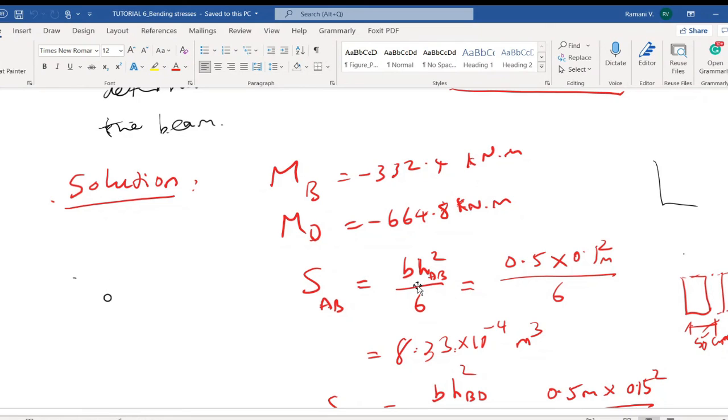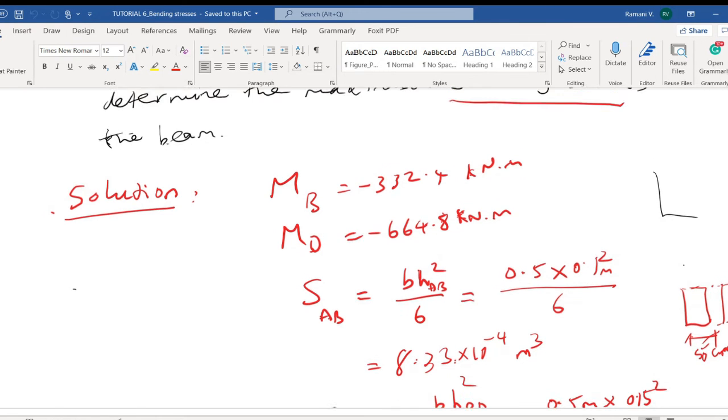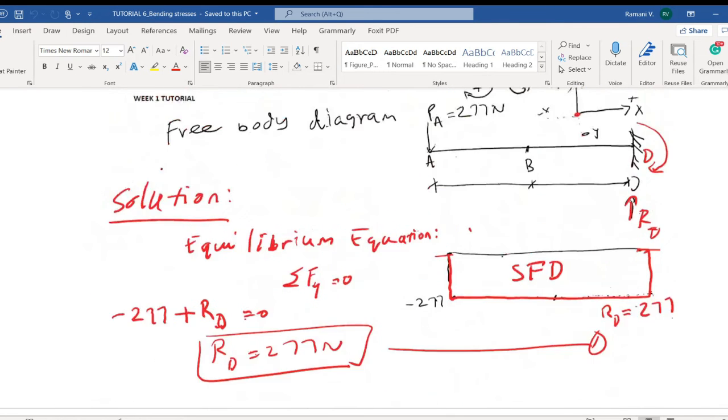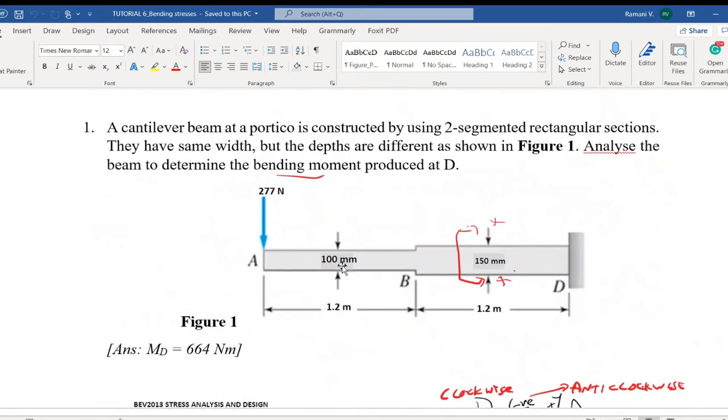For rectangular, the sectional modulus is defined like this: bh squared by 6. So accordingly, if you substitute into the formula, b is the width, 50 centimeters given, so you can change to meter, and then h is the depth, for member number 1 the depth is 100.